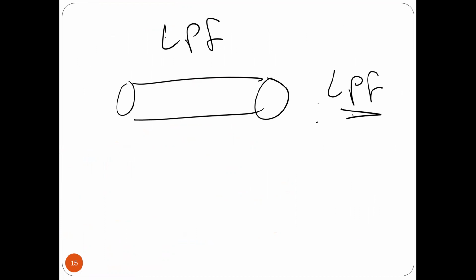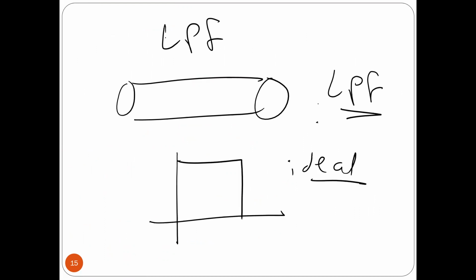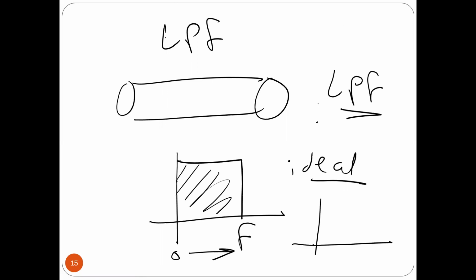As you know, if it is an ideal low pass filter, it has to be something like that. It can pass all frequencies from 0 until F. In reality, it's not like that. In reality, a low pass filter actually has something like that.